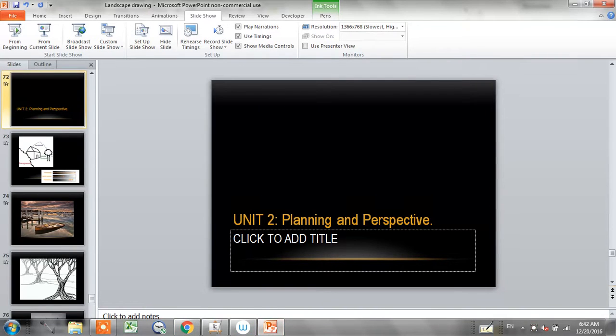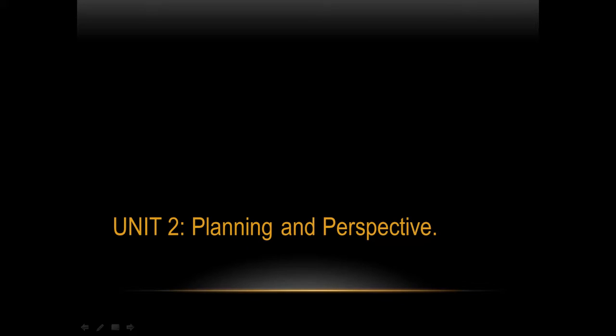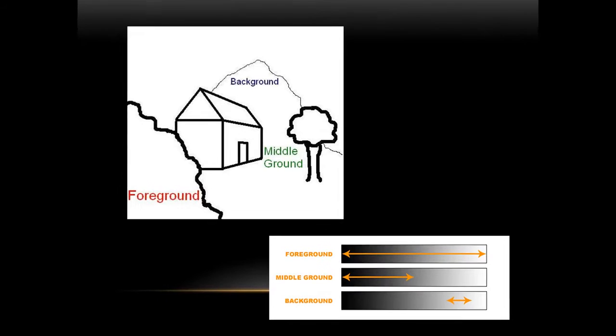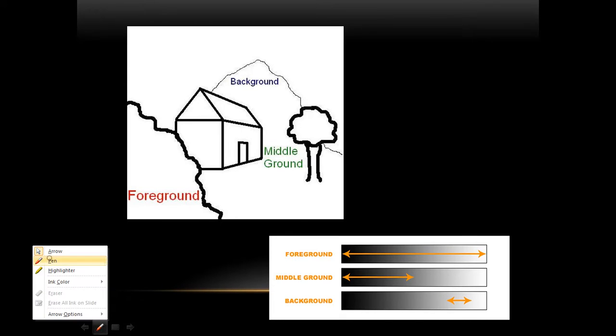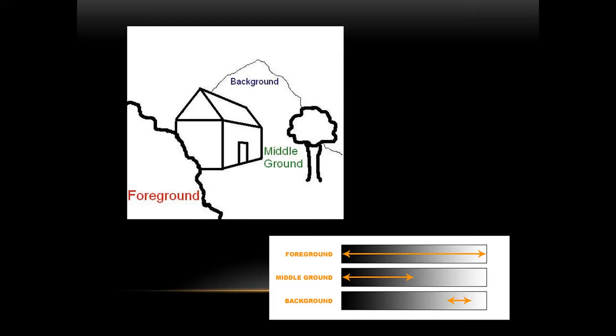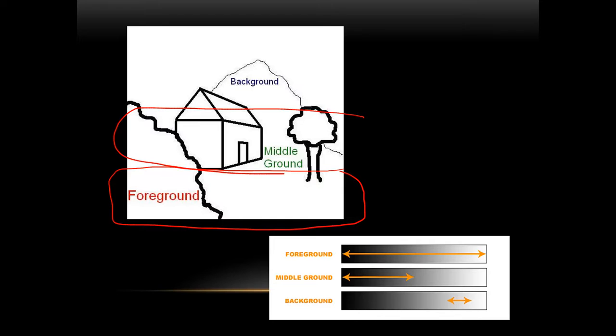Okay, so here it is. In most drawings and artwork, the drawing can be divided into three distinct regions. The region that's closest to the viewer is called the foreground, and then there's the middle ground, okay, and then there's the background, okay.